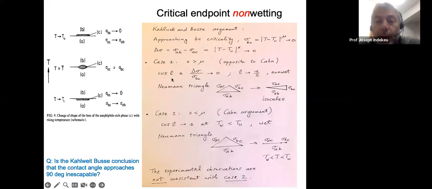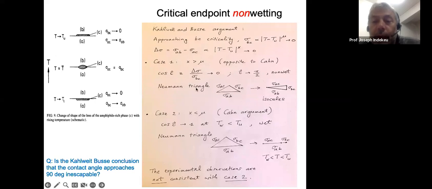If we then look at the cosine of the angle C hat, for example, we would obtain that it vanishes as we approach this critical endpoint. This would just mean that this contact angle would go to 90 degrees, which in the figure it almost does.